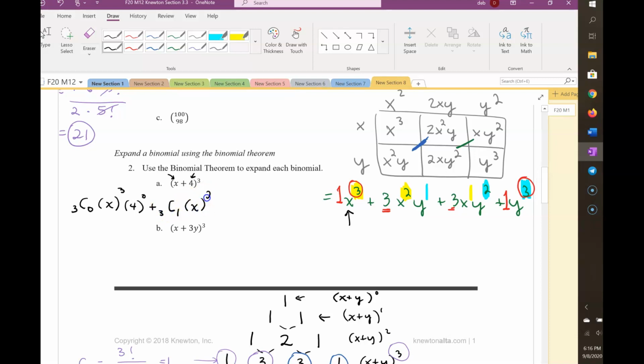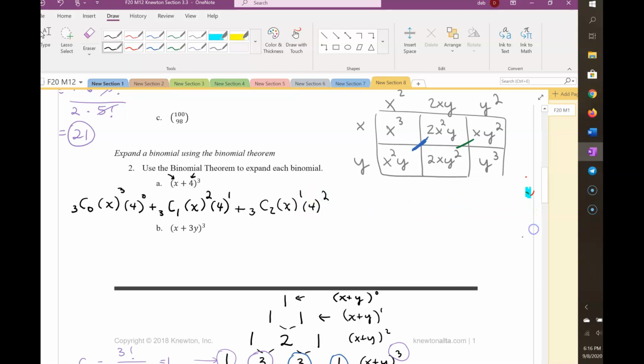Then the x is going to be to the power of 2, and the 4 is going to be to the power of 1. Plus 3 choose 2. The x is to the power of 1, and the 4 is to the power of 2. Then 3 choose 3, and the x is to the power of 0, and the 4 is to the power of 3.